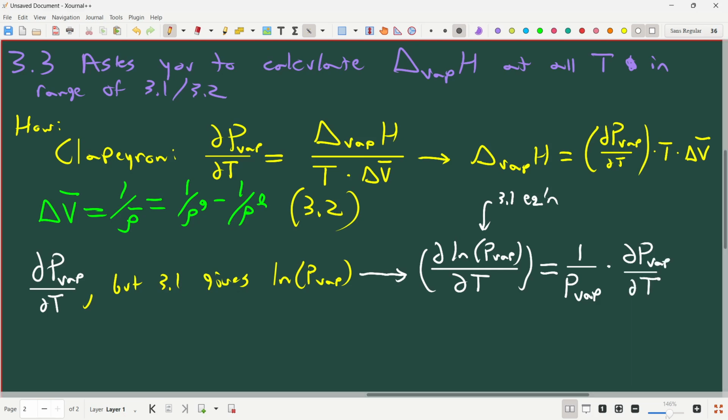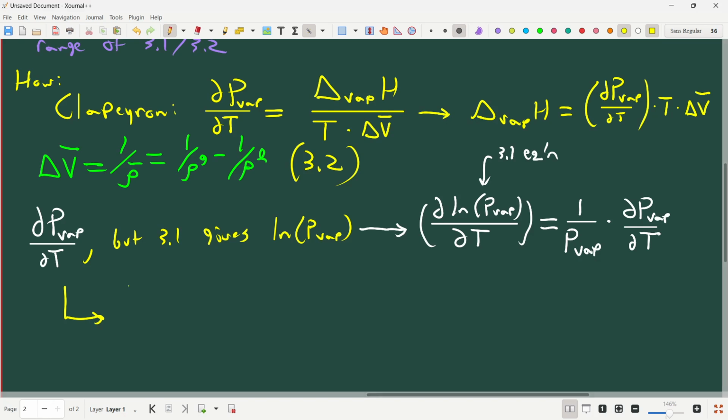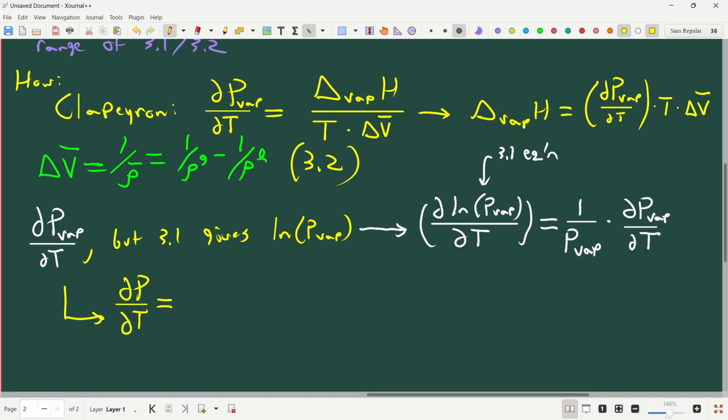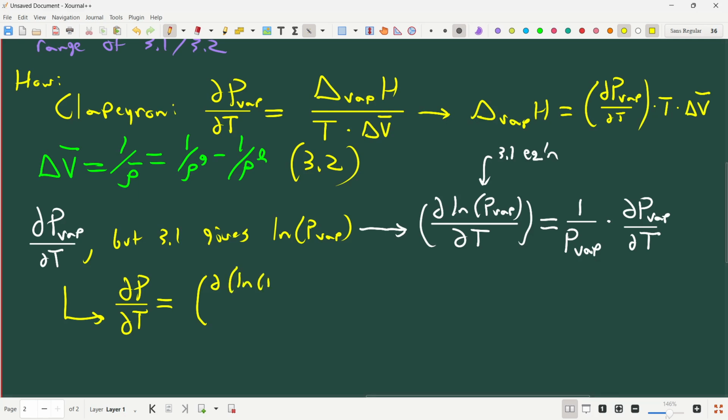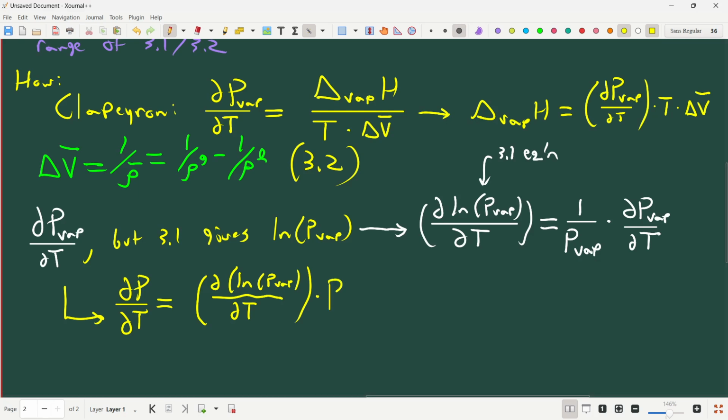Okay, so that means that we just do a little bit of algebra here. This means that dP/dT, the slope of the vapor pressure with respect to temperature, is the derivative of the logarithm function, which you have from 3.1 with respect to temperature, times the vapor pressure at that point.